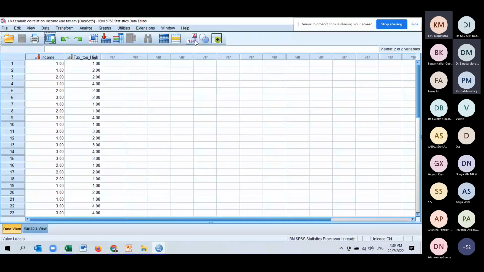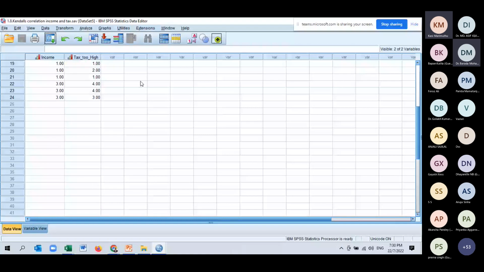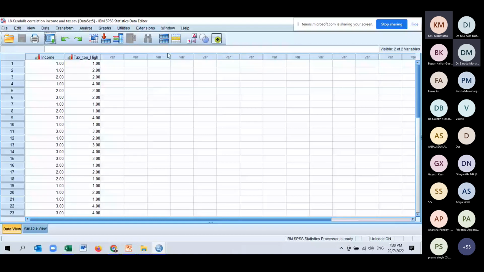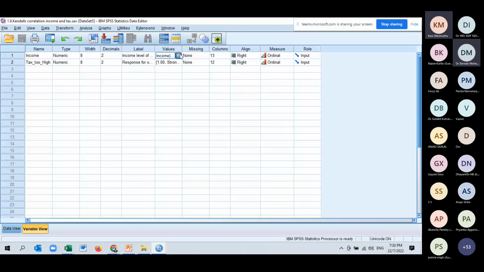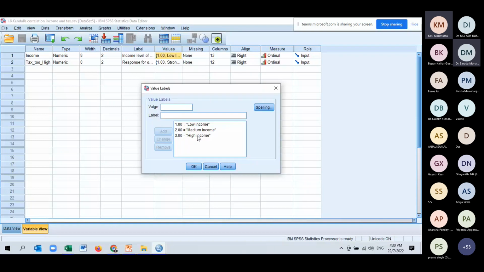For example, if someone having very low income feels a tax burden, it means the taxation in the country is very high. Yes or no? So let us see this hypothetical data. Around 24 candidates, the data were collected and coded in the variable view. Look here: 1 means low income, 2 means medium income, 3 means high income.